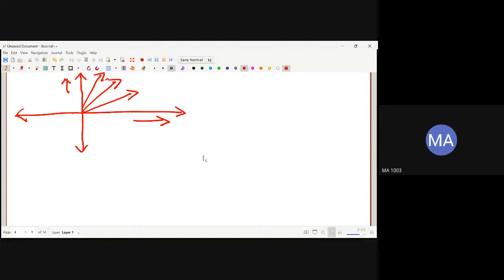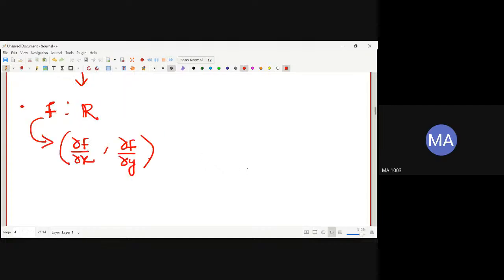Suppose f is a function from R to R, then this is your gradient, and the gradient is also a function from R to R.